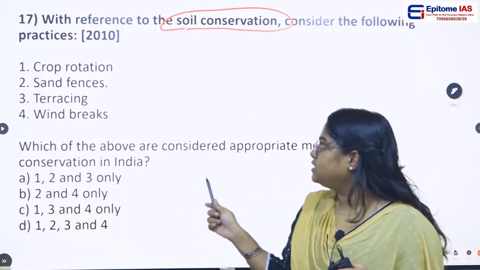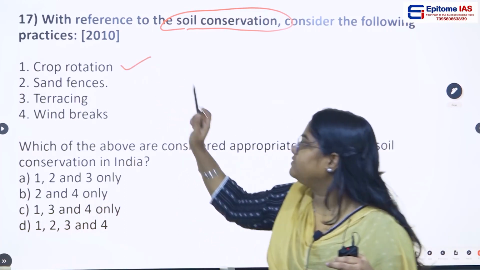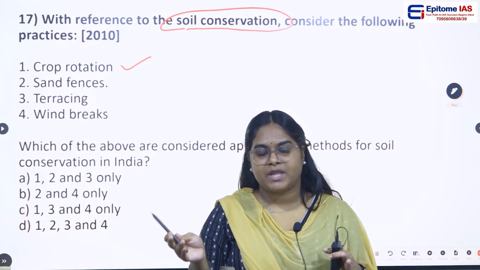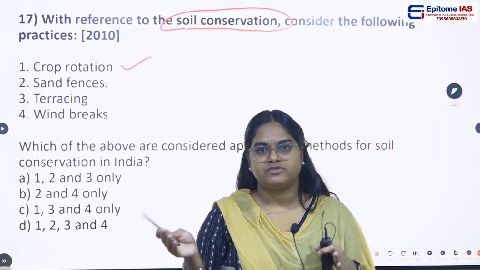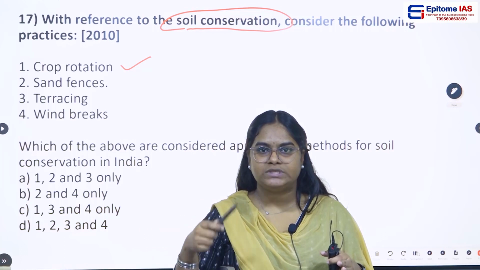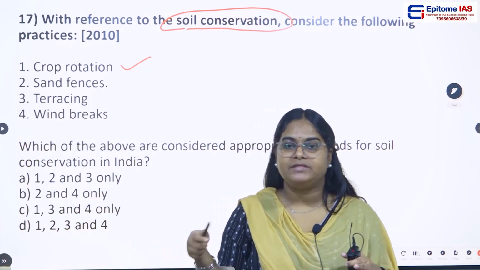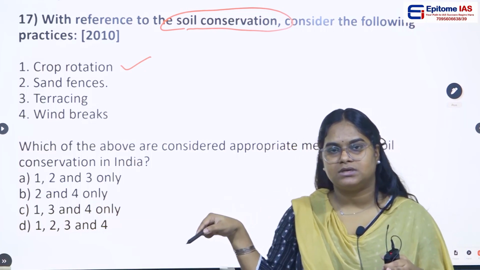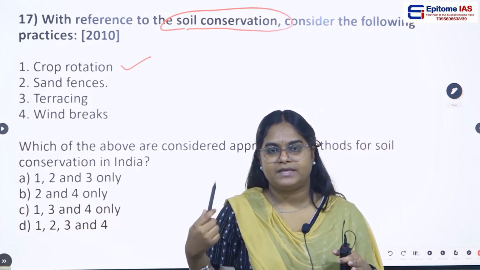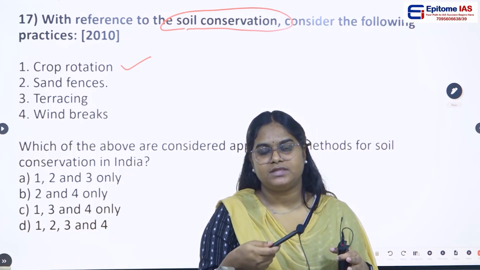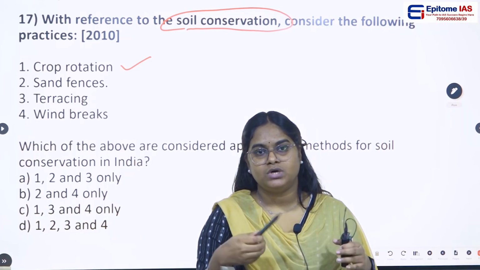So this crop rotation practice will help in soil conservation. How? Let us say I am using different types of crops throughout the year. I am not using the same type of crop again and again. So what will happen? Different nutrients will be consumed by the plant, and the ones which are deficient in the soil have some time to revive.